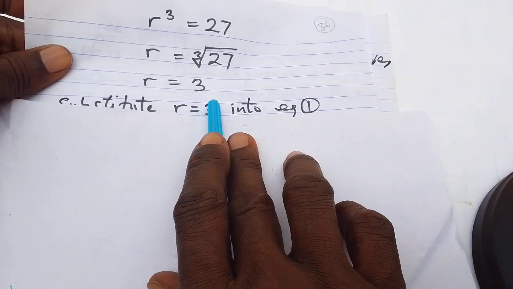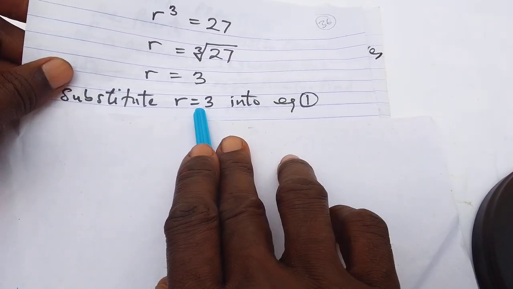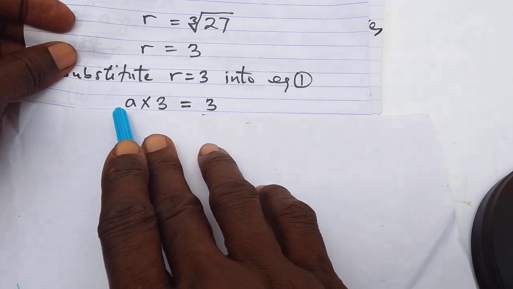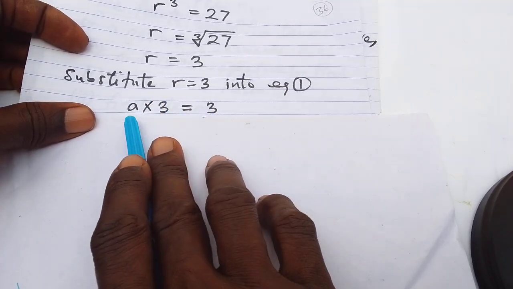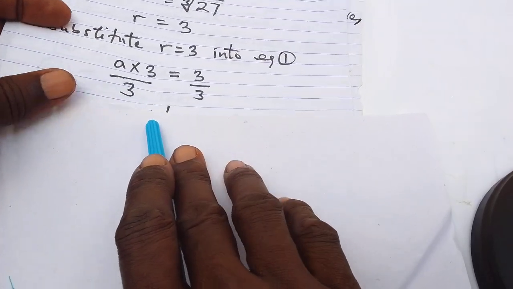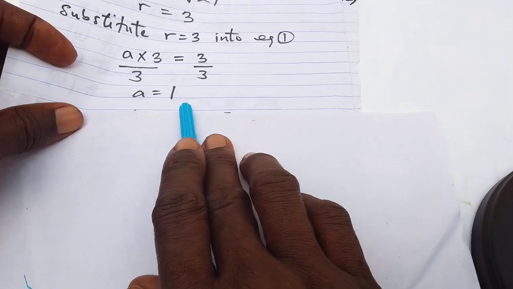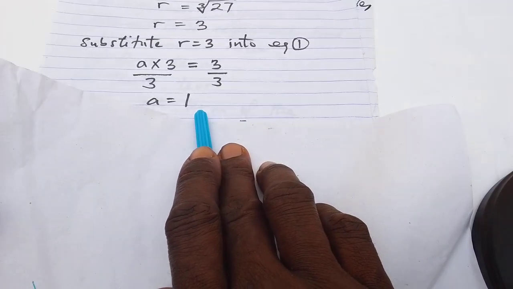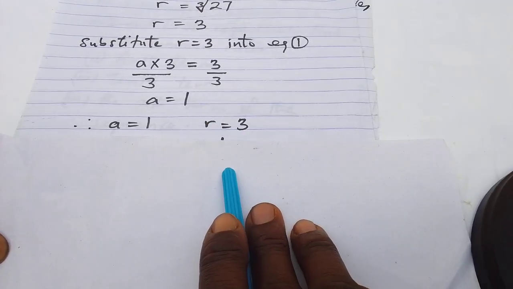You now substitute R is equal to 3 into equation 1. A times 3 is equal to 3. To get A, divide both sides by 3, so A is equal to 3 divided by 3, which gives us 1. So you've been able to get your first term to be 1 and your common ratio to be 3.